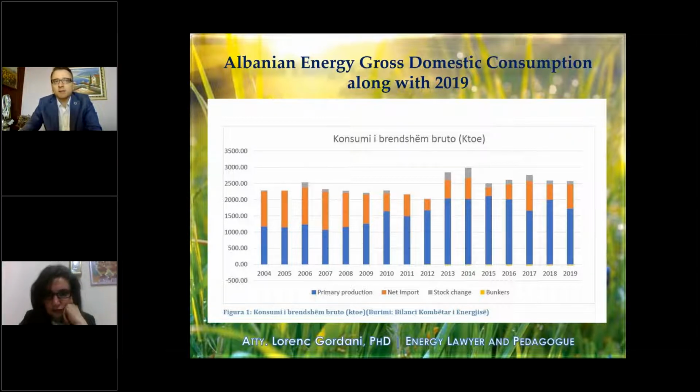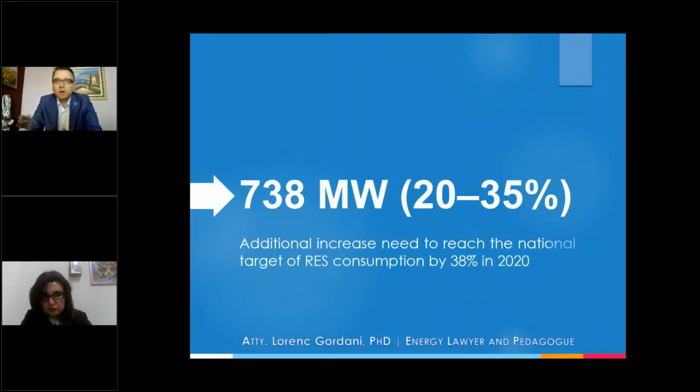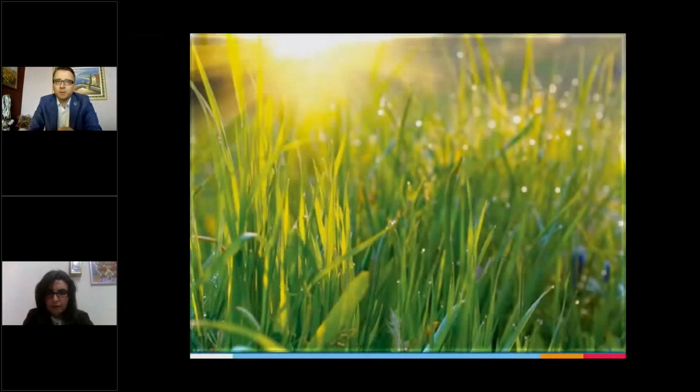The country has transposed the transport Directive 2003/30 of the European Union through the law of 2008 on the production, transportation, and trade of biofuels and other renewable fuels for transport. The problem is that the directive has already been replaced by the EU and the Energy Community with Directive 28 of 2009. However, the RES Law 7/2017 does not include the relevant articles 17 to 21 regarding biofuels.